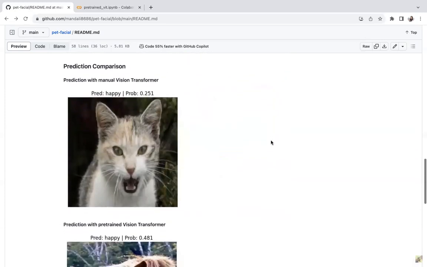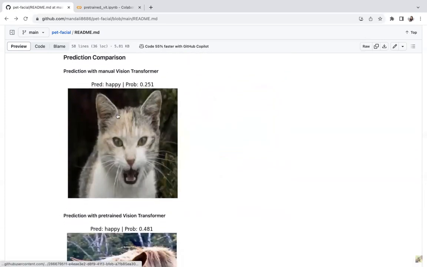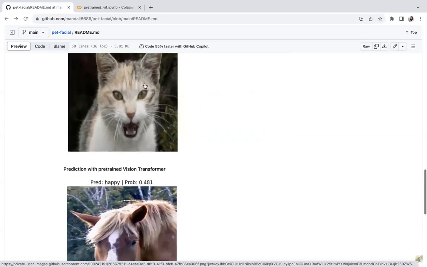For the prediction result comparison, the manual vision transformer makes a wrong prediction, because this is not a happy cat, and the probability is very low.